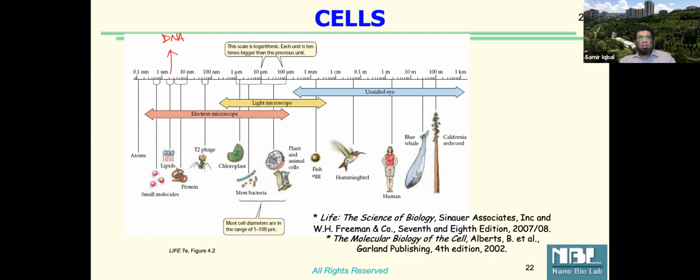When that happens, from 2 nanometer DNA, it affects things at 1 micrometer chloroplast. Chloroplast is in plants, but that's a size scale of things we'll look at, up to 10, 30 micrometer cells.